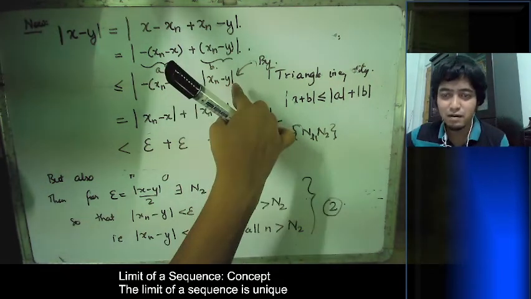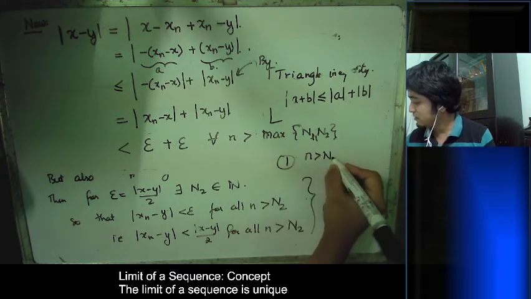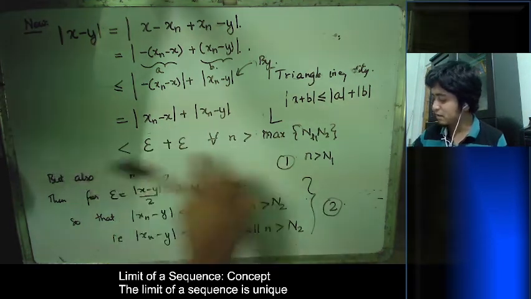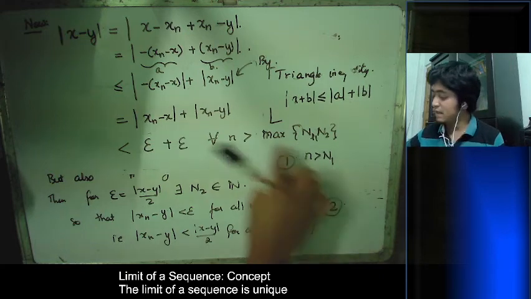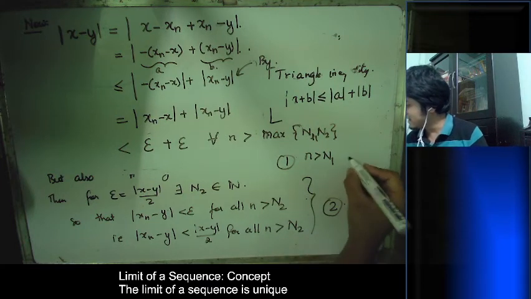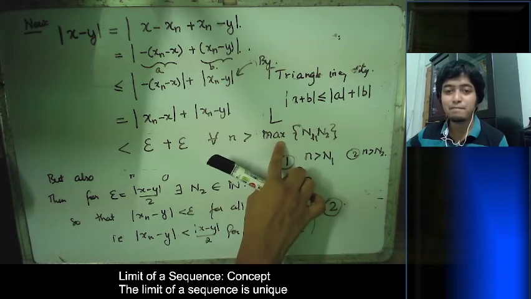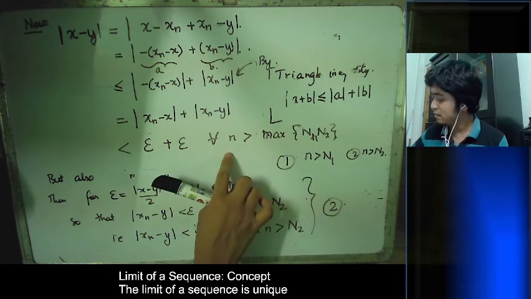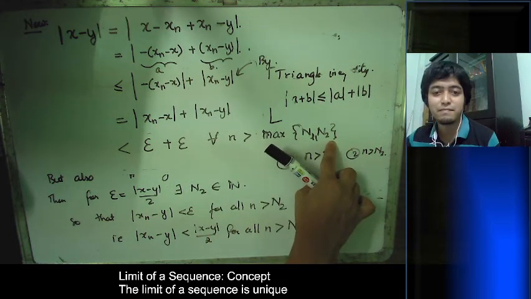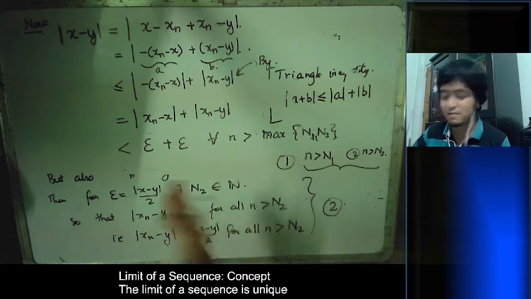Because equation 1 works for n greater than n1: |xn minus x| less than epsilon when n is greater than n1. And |xn minus y| is less than epsilon when n is greater than n2. So if we take the maximum, then n will be greater than n1 and n will be greater than n2 as well. That is why both of these hold at the same time.